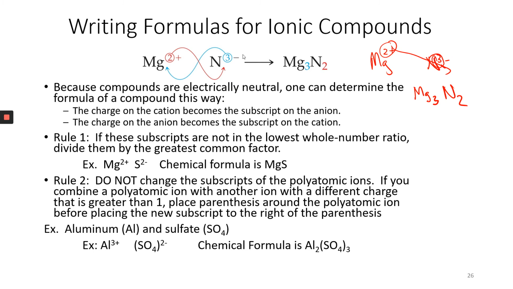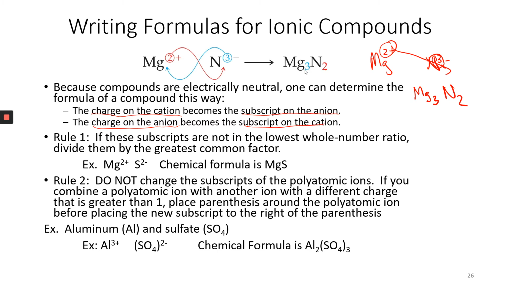When you're done writing your formula, there should be no charge on your compound. So here it says the charge of your cation becomes the subscript of your anion, and the charge of your anion becomes the subscript of your cation.